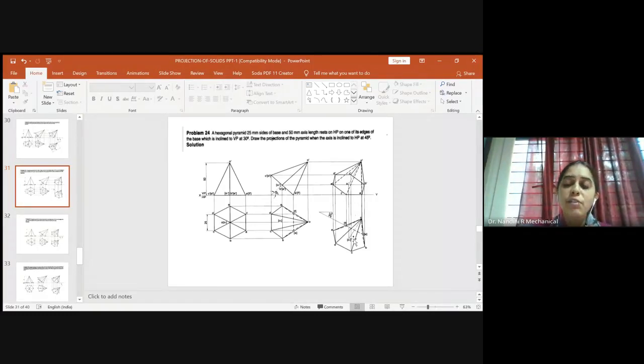If it is in the case of the axis, then we have to determine the apparent angle. If the axis inclination is told as appears to be, then we won't determine the apparent angle, because it looks as though it is appearing to VP at a particular angle. So these are the three varieties we have to deal with. Currently we are focusing on the problem resting on one of its edges.